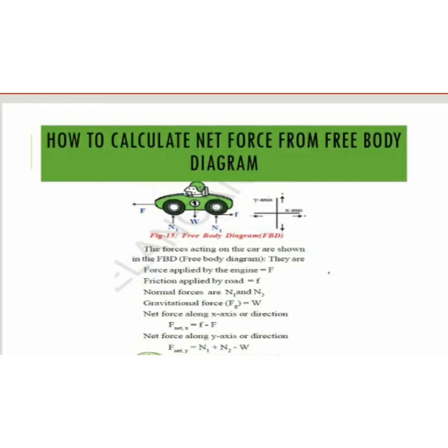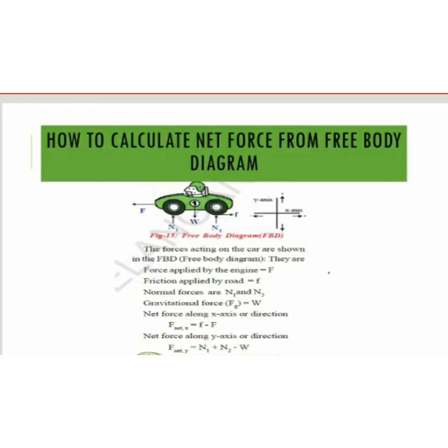Capital F is the force applied by the engine. So when we want to calculate F net of x, we are calculating the horizontal forces acting on the car, so we do capital F minus small f. Then we get the net horizontally applied force.